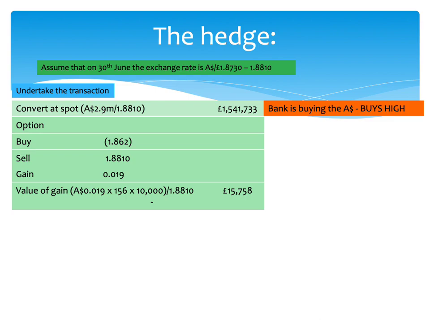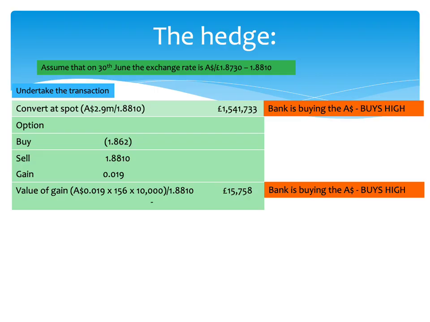What exchange rate do you use? Well, again, you're going to have to, unfortunately, logic this one through. What is the bank doing? Okay. Well, we've got a gain, which is in Australian dollars. We don't want Australian dollars, so we're going to sell them to the bank, and the bank is going to buy them from us, and the bank buys high. Now remember, this gain, the buying and selling of your option, occurs at the same date as the underlying transaction.